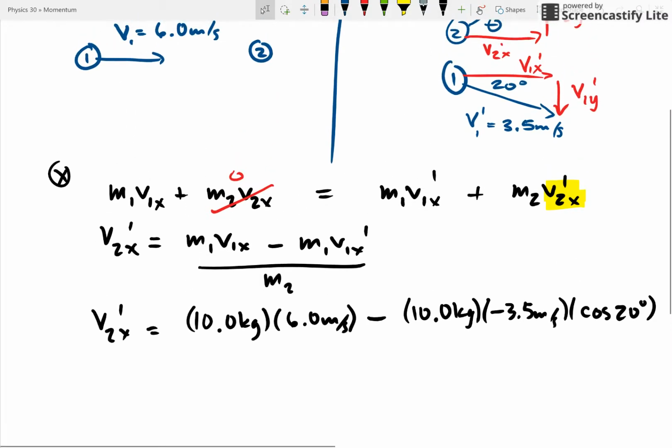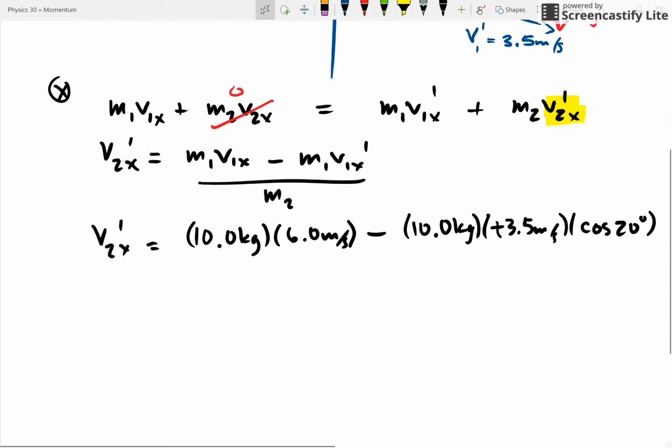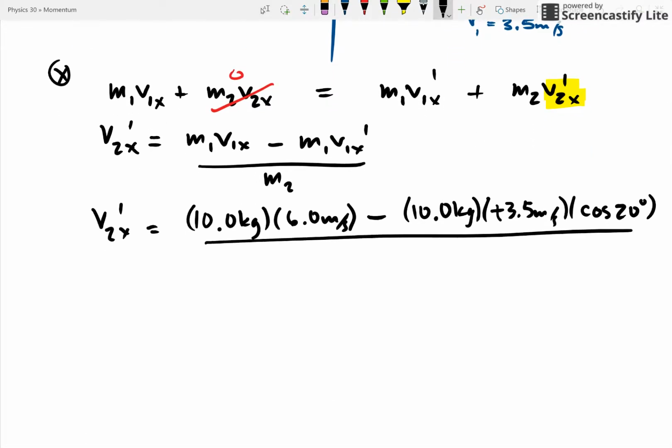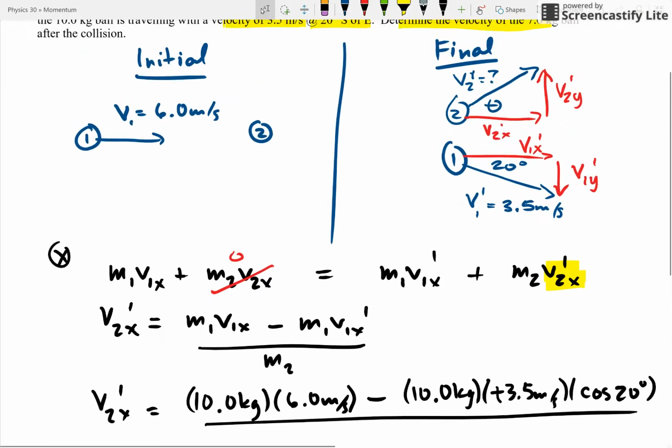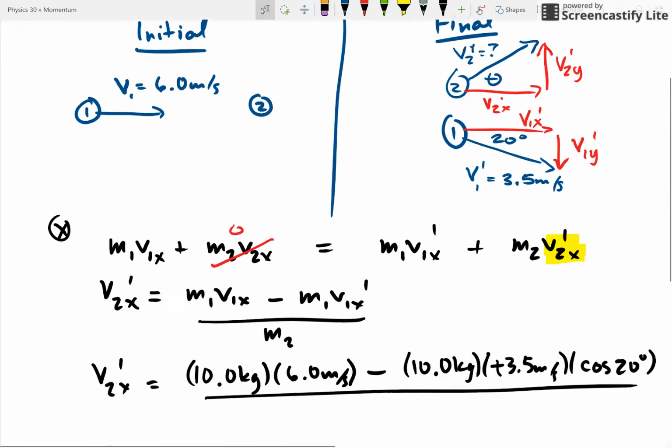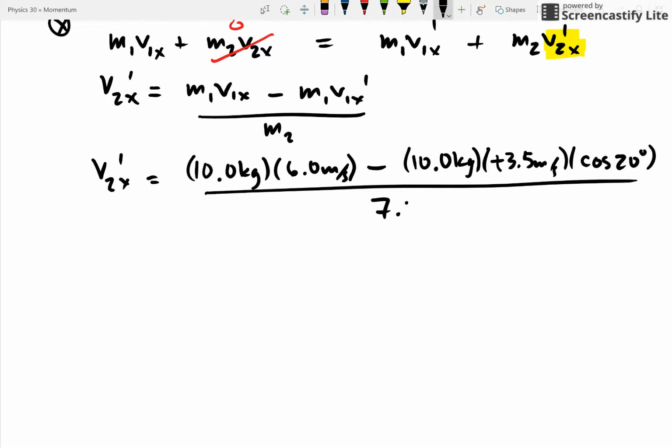In this case this will be positive because it's the x component; we'll put negative for the y component. Then we divide by mass 2, which was a 7 kilogram ball.